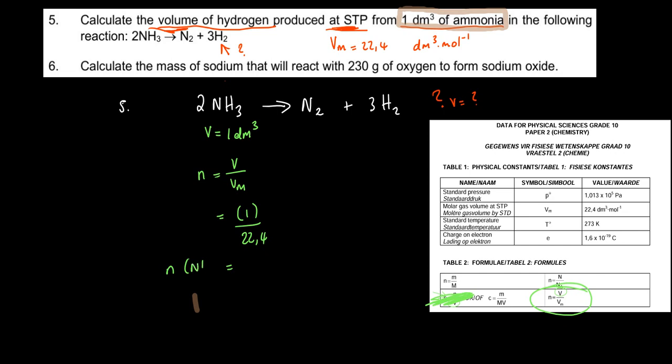You need to indicate that I'm dealing with the number of moles of ammonia, right? So what do we get there? Let me check some of you here. Yeah, I see that Miss Ria got 0.0446 mole. That's very nice.